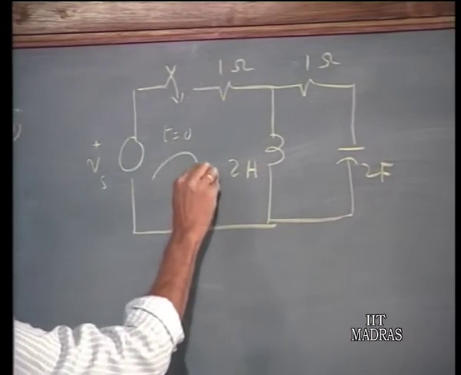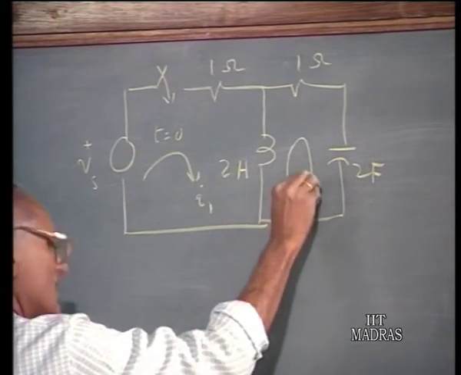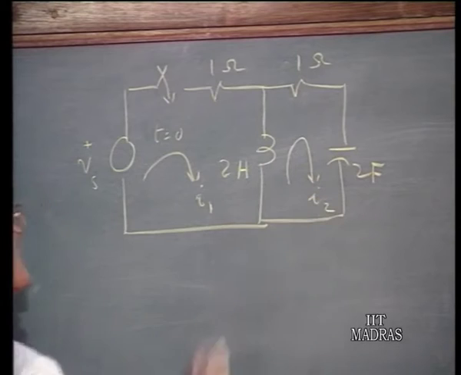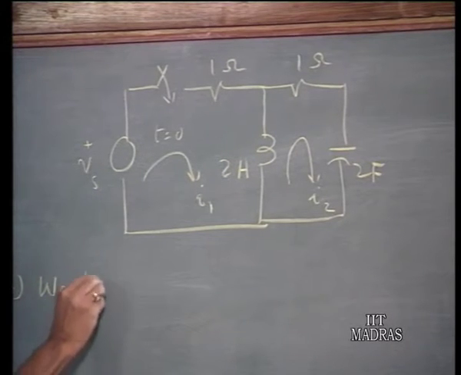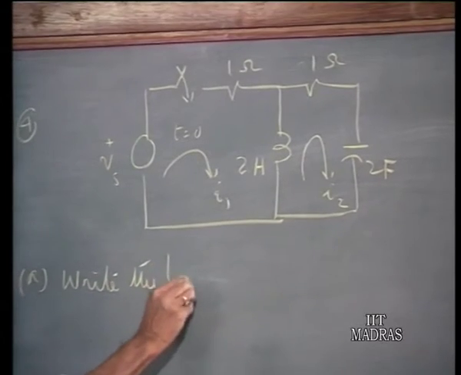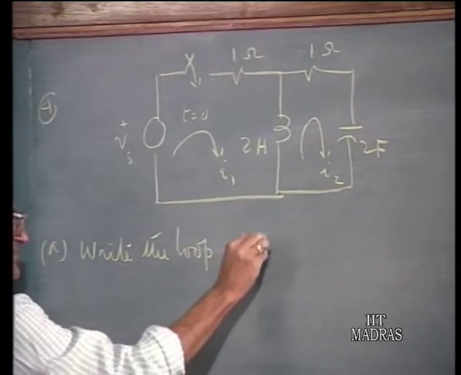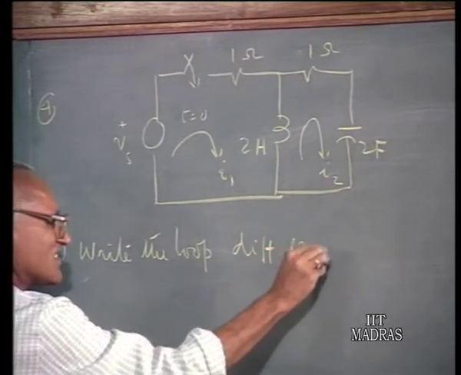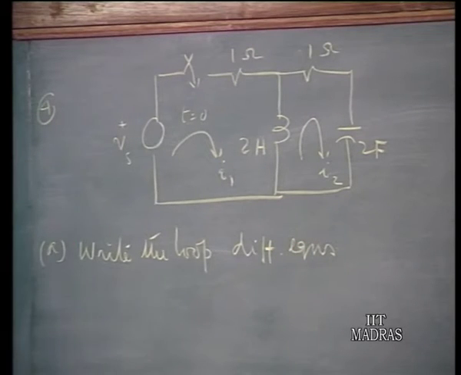Call this I1 loop current, call this loop current I2. So, this is an exercise in differential equations. So, write down the loop equations, write the loop differential equations in terms of I1 and I2 and in terms of differential operator D.